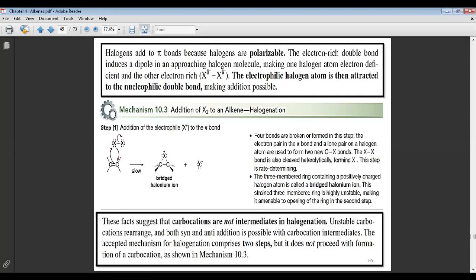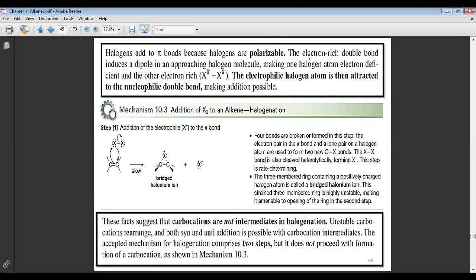Yes, the halogen molecules are nonpolar and the dipole equals 0. Yes, but polarizable means able to make a dipole for just a few seconds when they meet something electron rich like the double bond here.